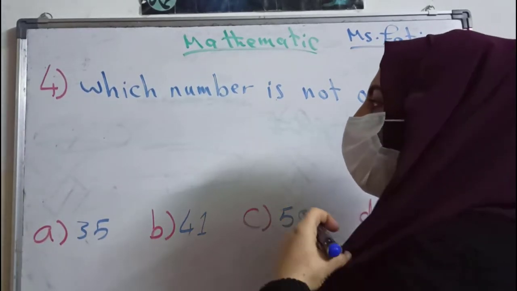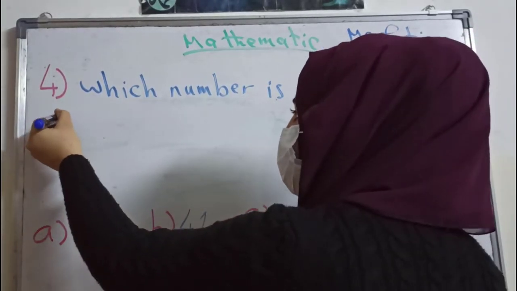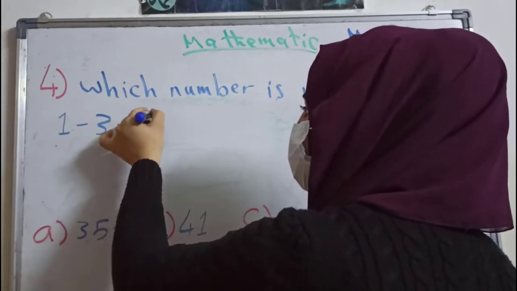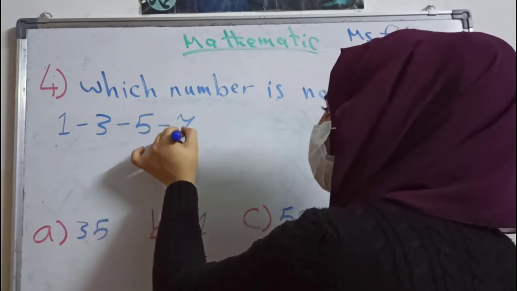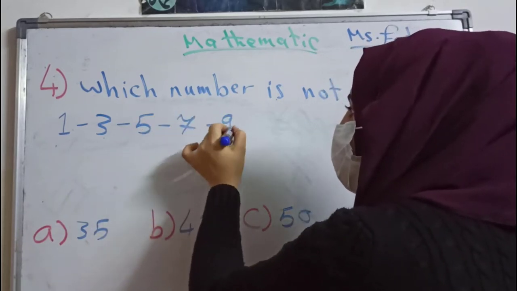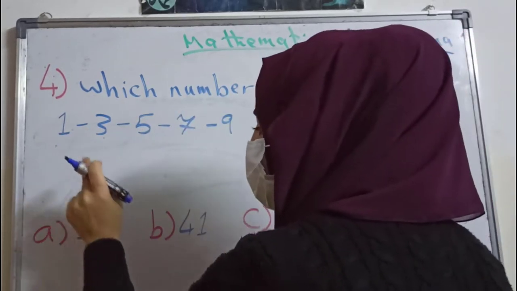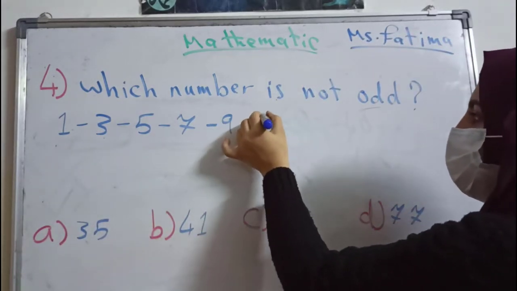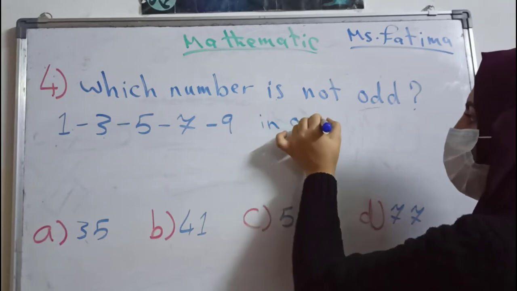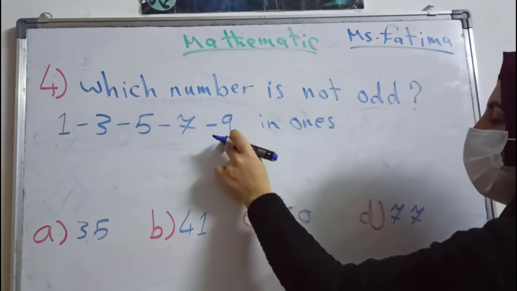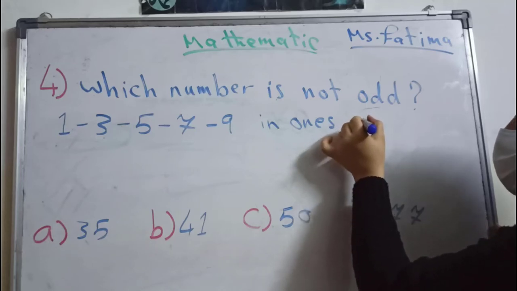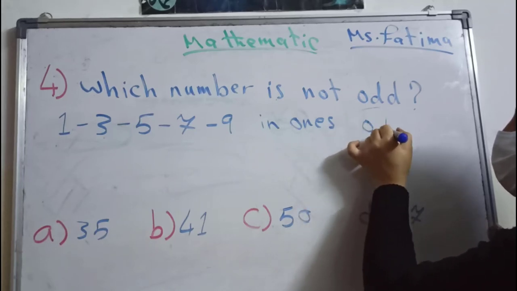Students, if in ones we see 1, 3, 5, 7, and 9, if you write those numbers in ones, we say this number is odd.